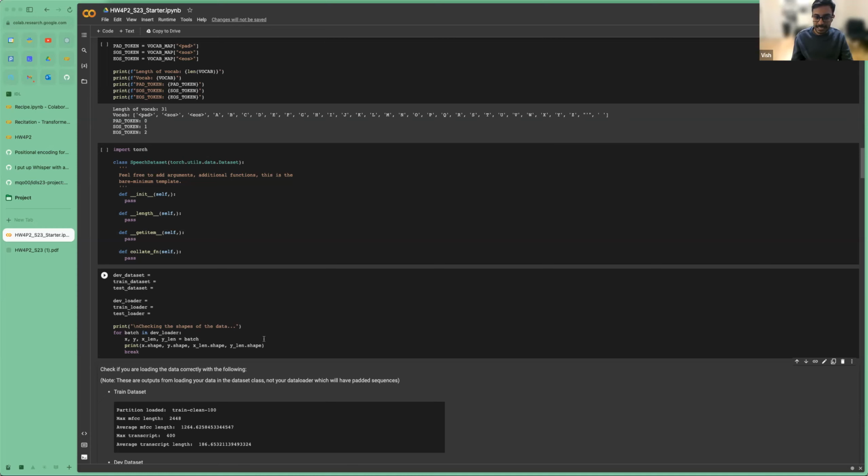The reason we need an SOS and EOS is that we need to know when to stop that autoregressive modeling. We can't keep doing that infinitely. So we need to know at what point the model decides, this is what the transcript is, let's stop here. Similarly, the model needs to know when to start, so we have a start of sentence token. That's why we have the SOS and EOS tokens.